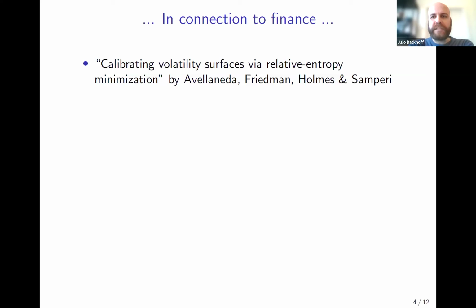And in this paper, they have a similar idea of saying, well, we want to compare two different models for stock prices in continuous time in the sense of relative entropy. We cannot. So why don't we approximate these continuous processes by trinomial trees? We compute relative entropies for the approximating trinomial trees, and then we pass to a scaling limit.